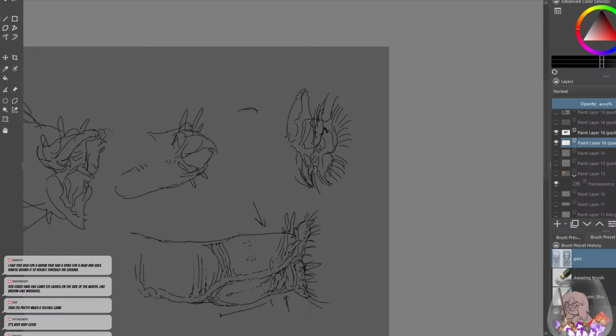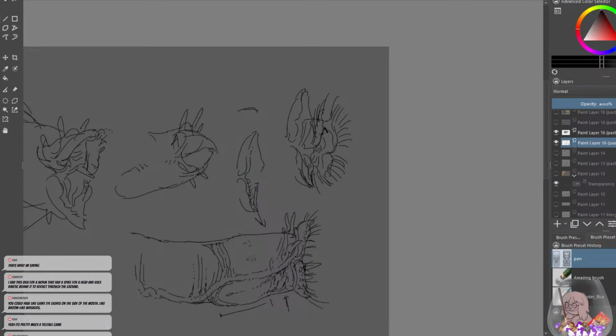And so it sits in the first pair of jaws. So when it's not coming out, it looks like this. It just sits in there. And then it can extend outwards.